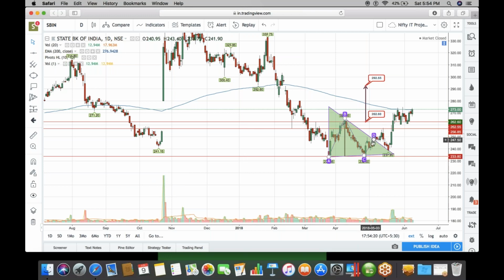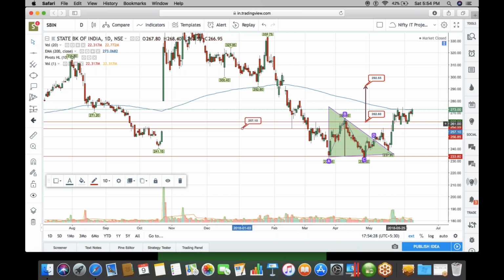So somebody who traded this breakout should have seen this resistance line at your 256, 257 level. It has worked previously beautifully, so it might work here also. So what is the prime reason of a price volume breakout failure?